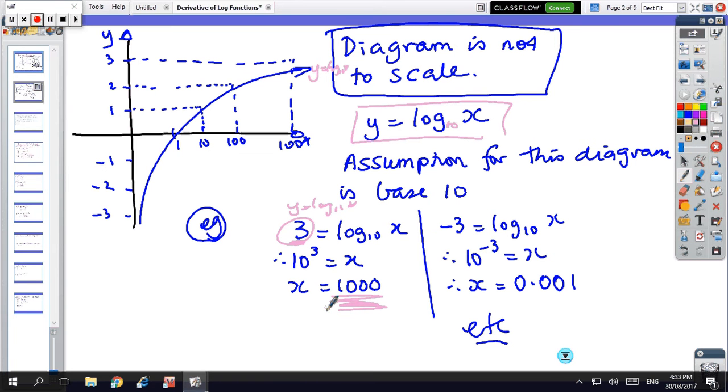Now I haven't done it to scale, but you can see that 1,000 would be way out here. So the line goes slowly up, and it will keep going up to infinity, but it just goes really slowly. So for instance, if the y value was -3, then you can see that the answer is a very, very small fraction, and it'll keep getting closer and closer, but it will never get there. Okay, so that's why the shape is as it is.